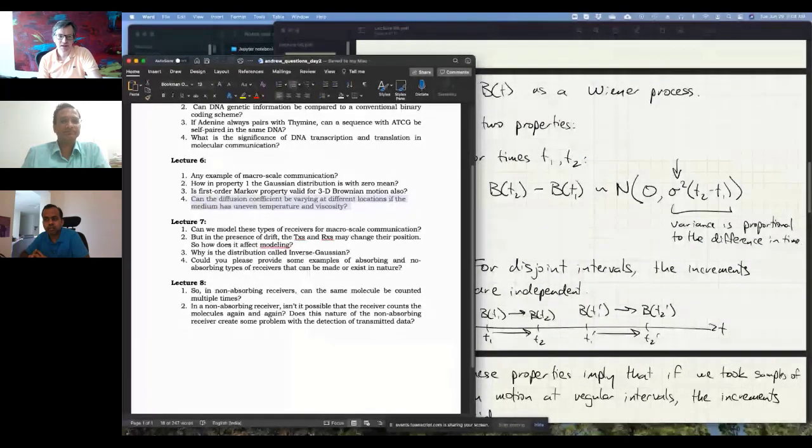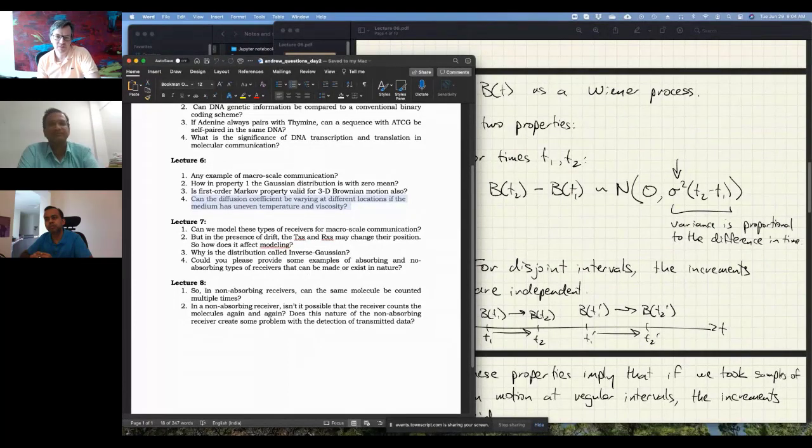The normal way in which we analyze non-absorbing receivers is, in this lecture series, we do talk about counting those molecules, but we actually don't tend to deal with direct counts in non-absorbing receivers. We tend to deal with distributions, we tend to deal with concentrations.